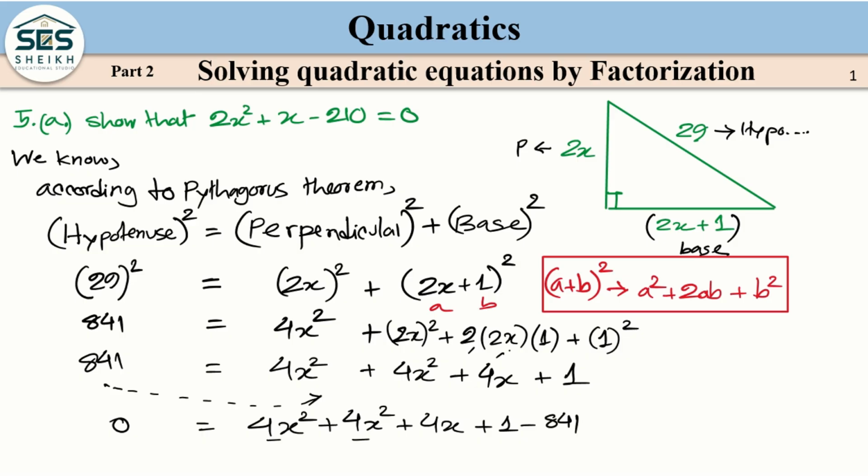So 4x squared and 4x squared is actually 8x squared, then plus 4x, then 1 minus 841 gives us 840, and here we have 0.